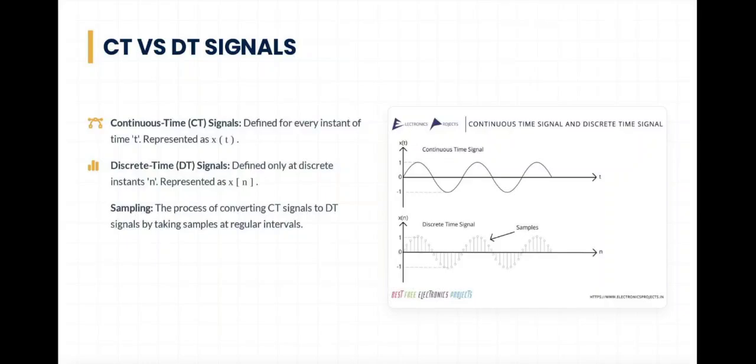So, the summary is that continuous time signals are continuous and smooth, and discrete time signals are sampled and point-wise, and sampling acts as the bridge between the analog and digital world.